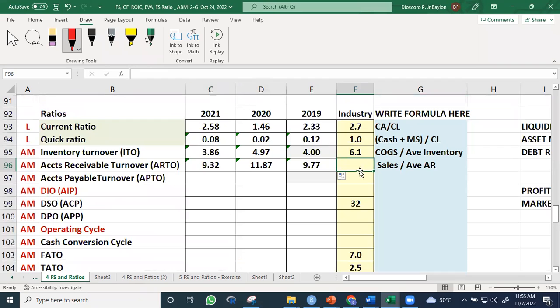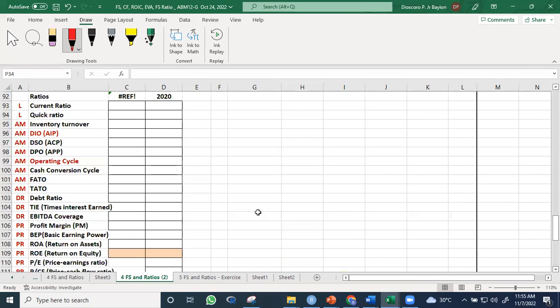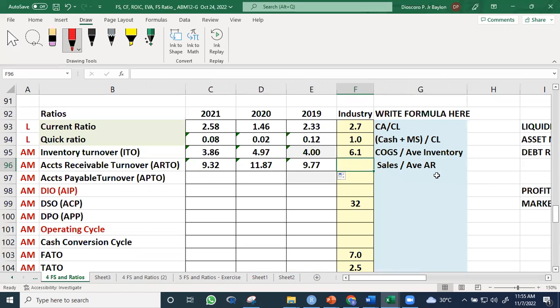Hindi ko yata nabigay, let's leave this blank first, no? I'm sorry, nawala yung dalawang ano kasi, dapat merong figure. I will have to look for that dun sa original. Let me see. Nandito ba siya? Wala, no? Na-miss out lang din dito. Sorry about that, guys. So I'll furnish the industry average.